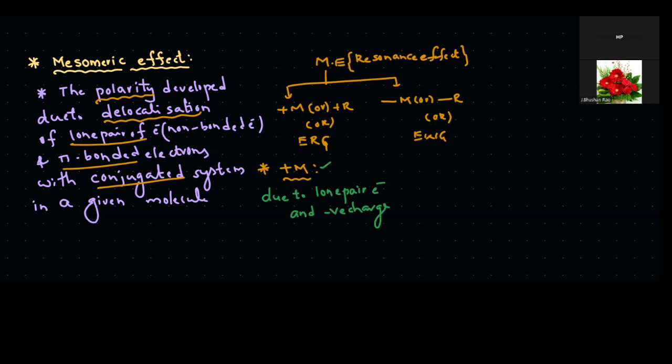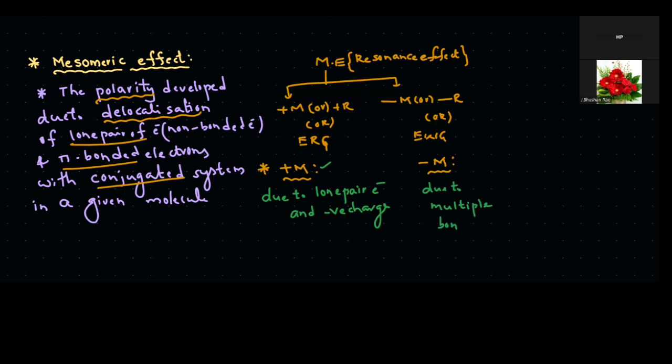Next, another one is minus M. What is the main condition here? In minus M, the polarity is developed due to multiple bonds only.